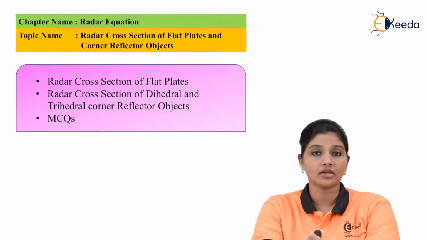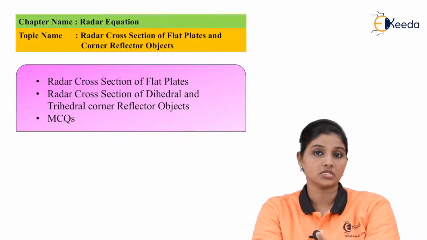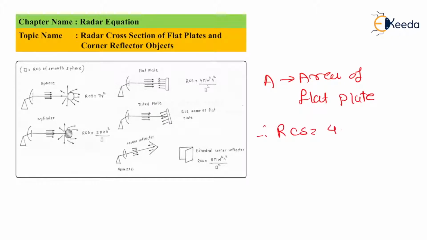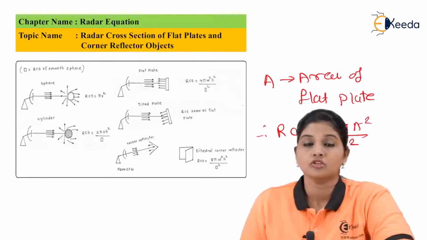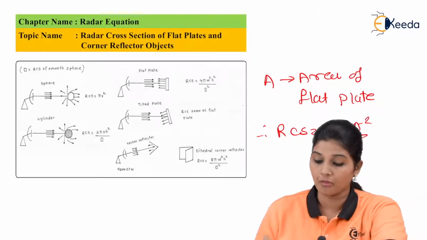At normal broadside angle, that means when theta is equal to 0, if the area of flat plate is equal to A, then the RCS of flat plate is given as: for area A, the RCS is equal to 4 pi A square upon lambda square.